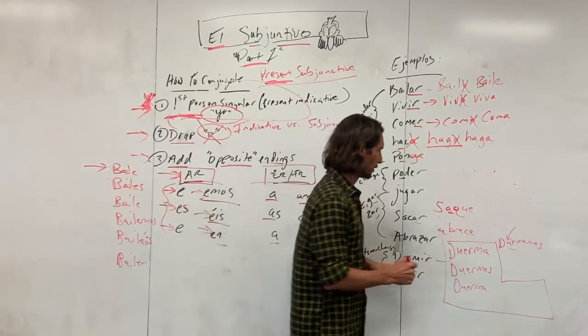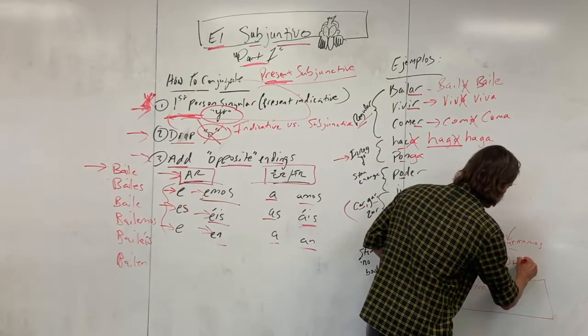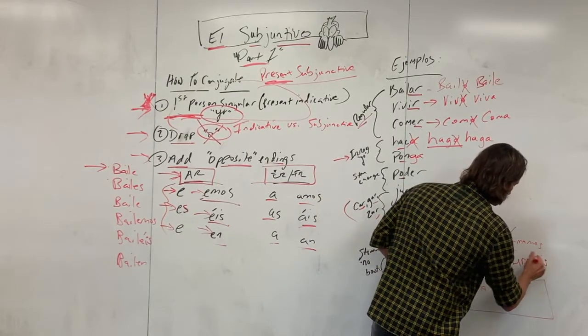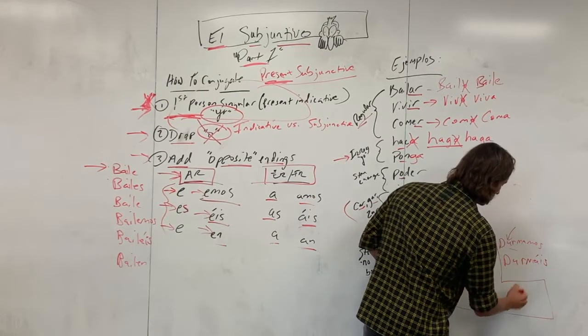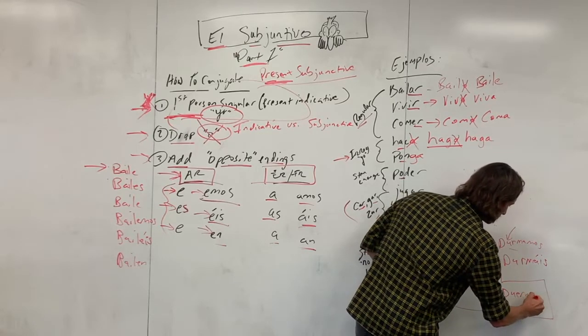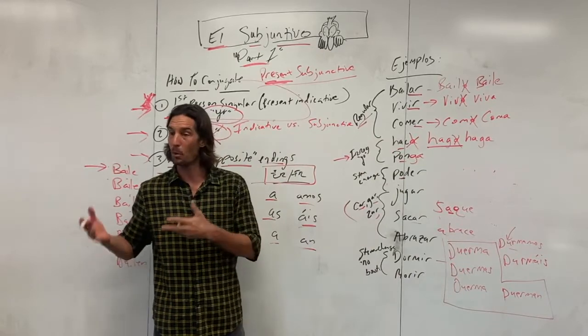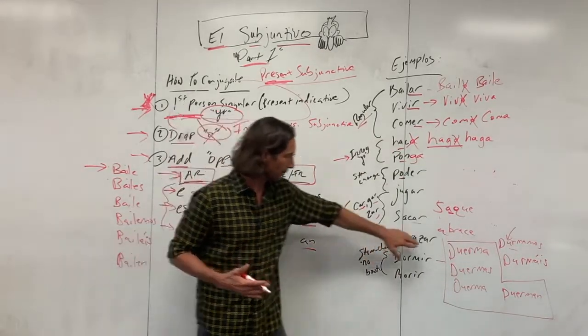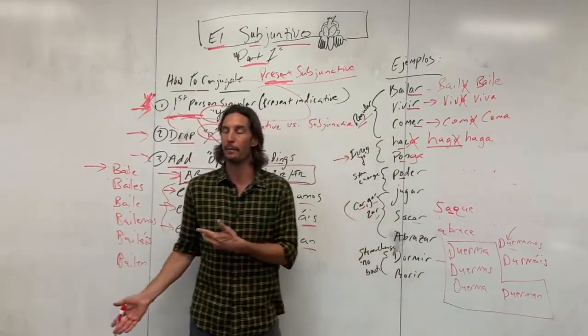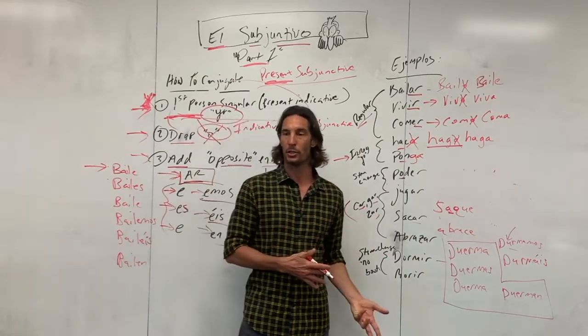And so this is a good one, right? Durmáis, right? And then duerman. And so there you go. That's how you would do dormir. Now, again, morir would be the exact same way. You could just erase the D and put an M, and you would have the conjugations for morir.